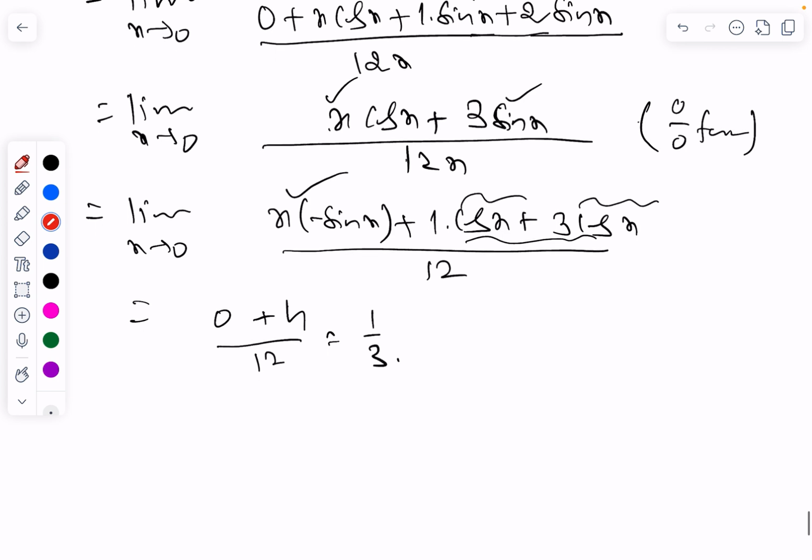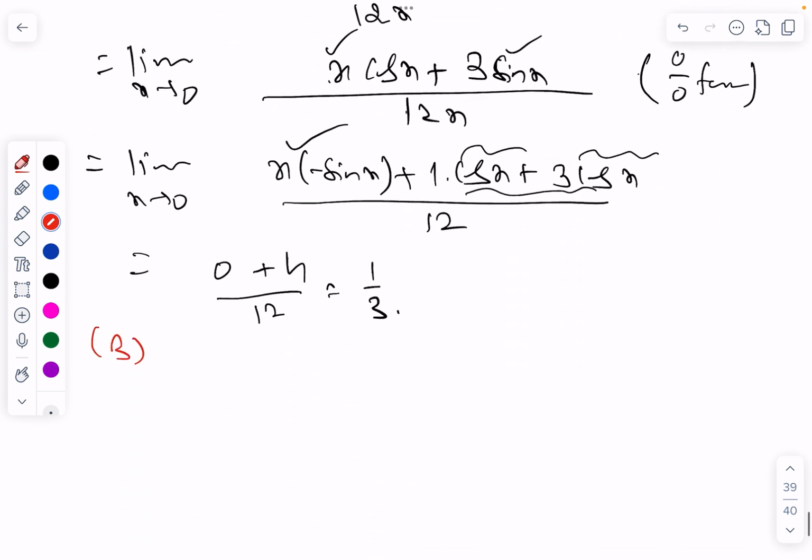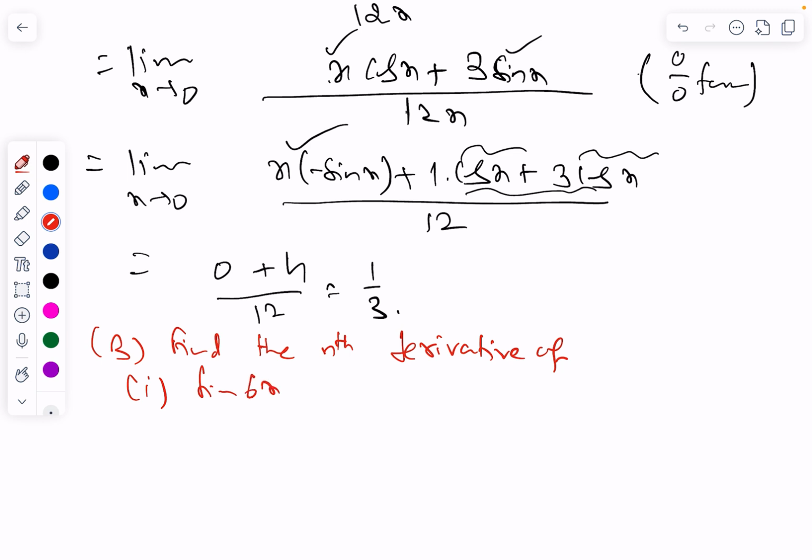Next, find the nth derivative of 1) sine 6x cosine 4x and 2) x square log x.